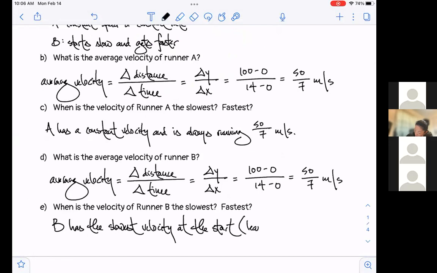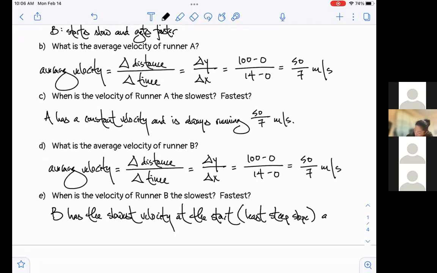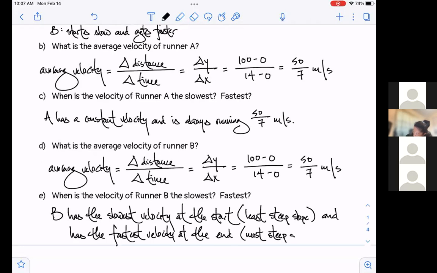We can say least steep slope, right? And B has the fastest velocity at the end, because we have the most steep slope.